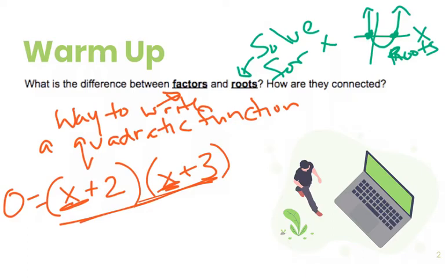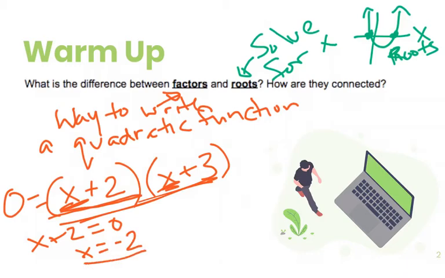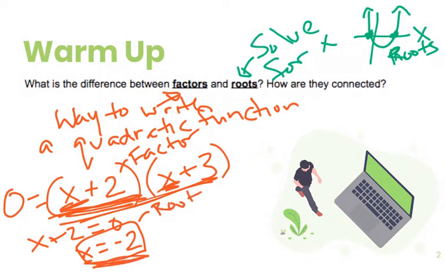All right, so if I were to solve for this first parentheses, I'd have x plus 2 equals 0, and then you would subtract 2 on both sides and get x equals negative 2. All right, so the factor is x plus 2, and the root is negative 2, where x is negative 2. So they're very similar, but they are not the same thing.